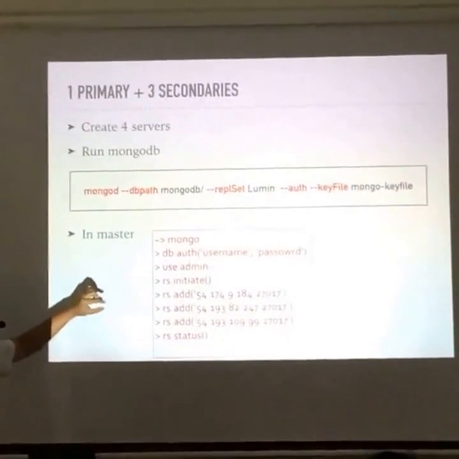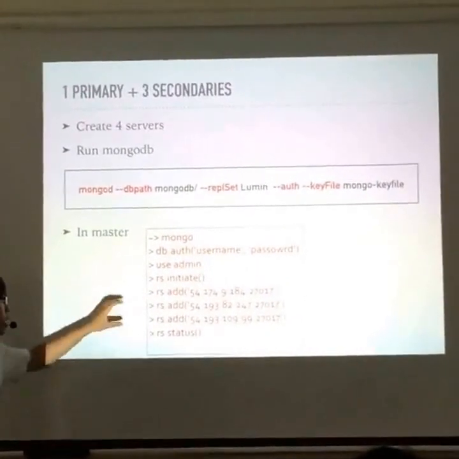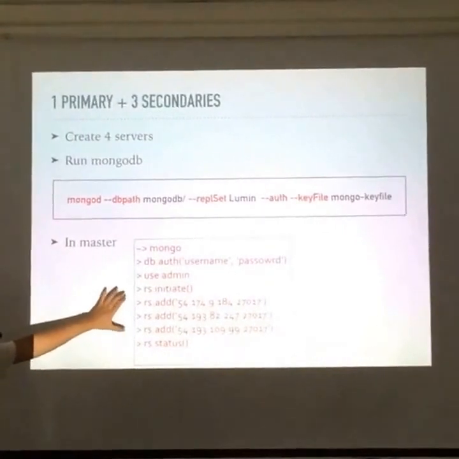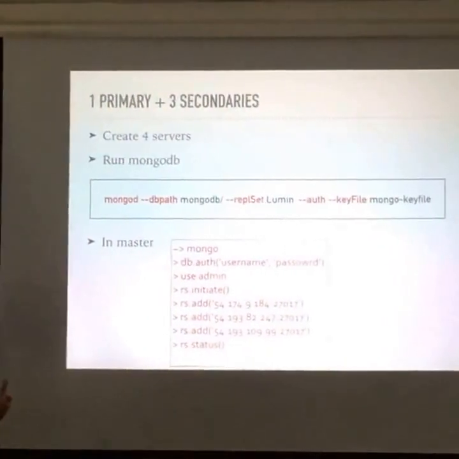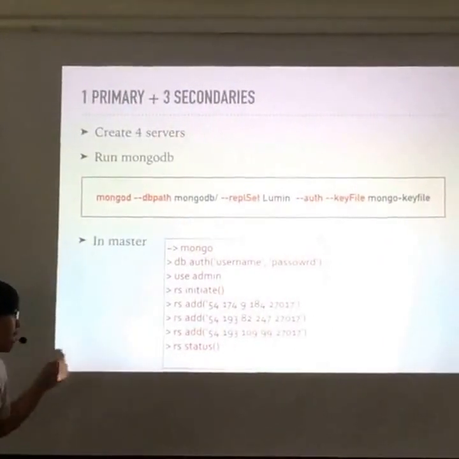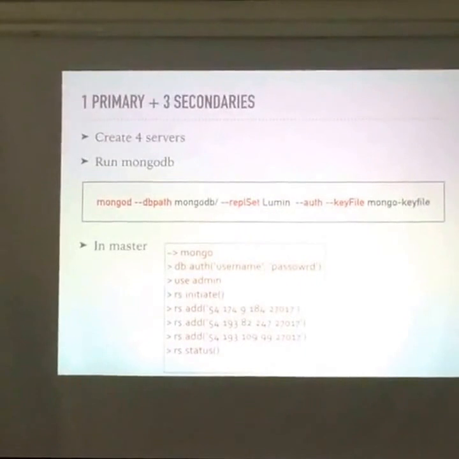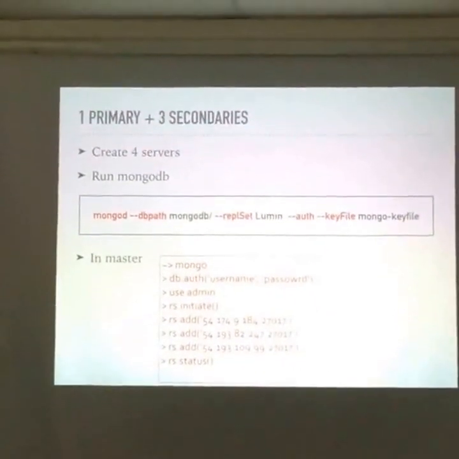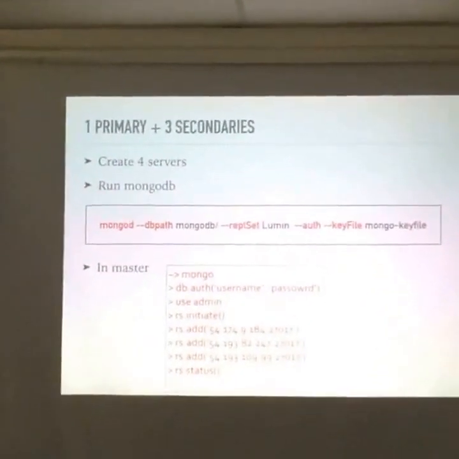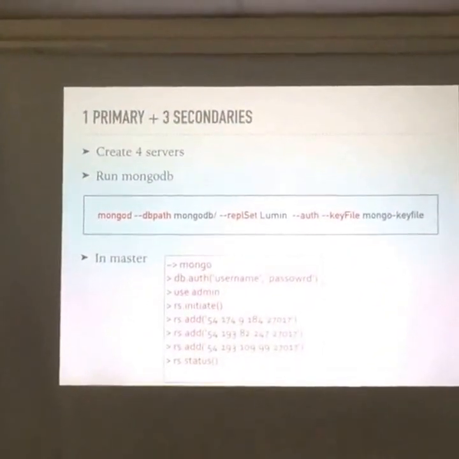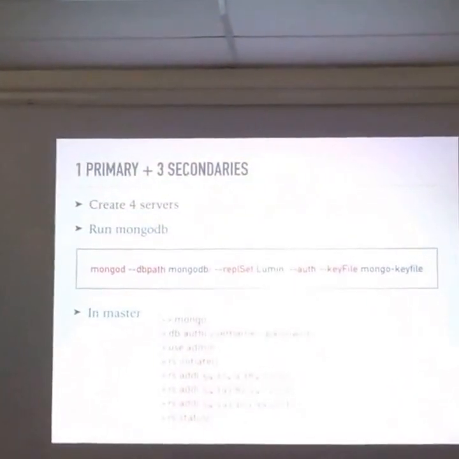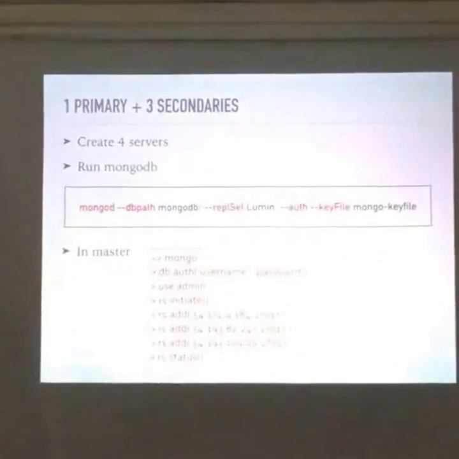Okay, I run rs.initiate. Okay, then I add 3 different MongoDB servers, an array of 3 different MongoDBs, and at this step everything is finished, but I want to know the status, whether it works or not. Okay, I will type rs.status to see the status of the system. After that, we have 1 primary and 3 different secondaries.